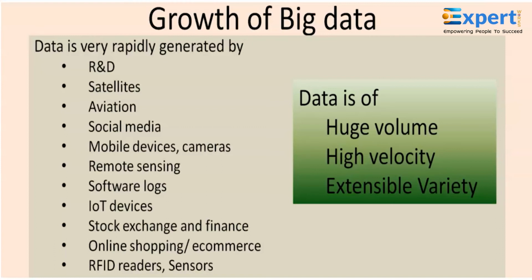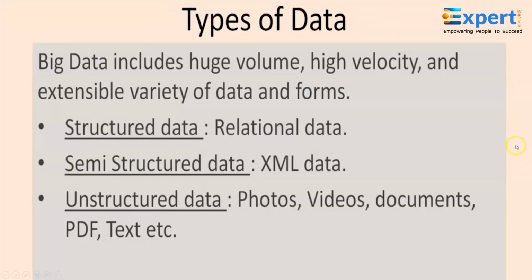Then online shopping and e-commerce stores also produce data. There are radio frequency identification readers, or RFID readers, sensor data, astronomical data, scientific and engineering data. Lots of data all around us.